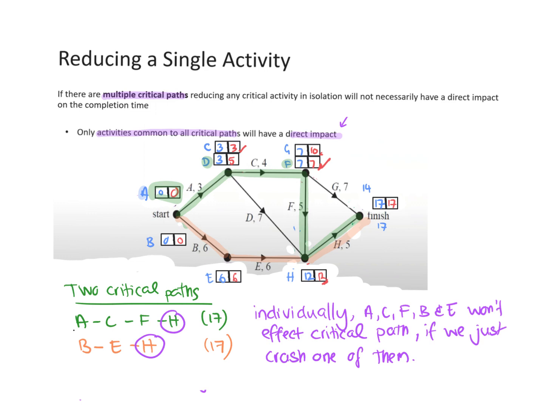All right, so let's have a look if it would save 5 days.